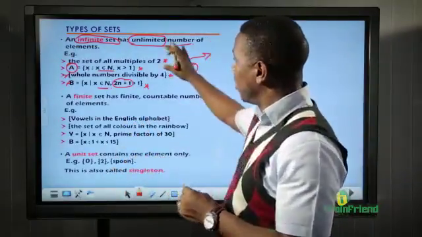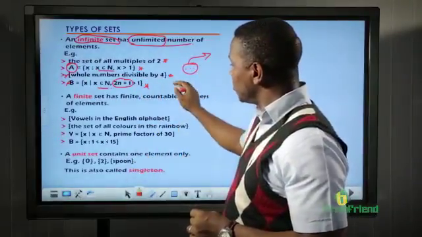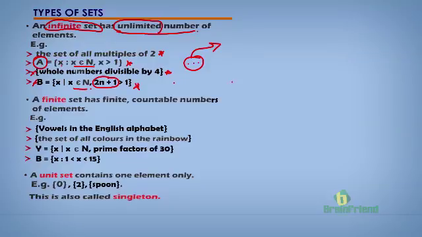But of course, for unlimited numbers, there are no boundaries. So the ellipsis is used at the beginning of the list of our elements or at the end of the list of our elements, depending on negative infinite numbers or positive infinite numbers.